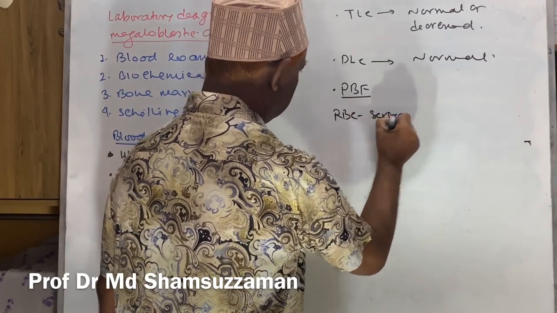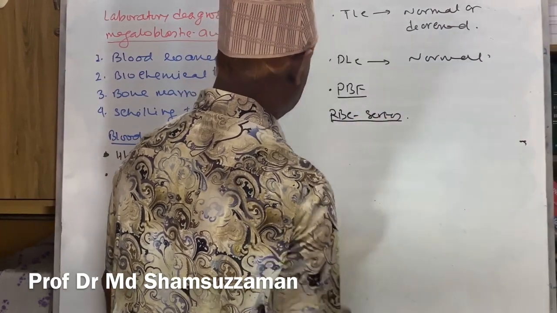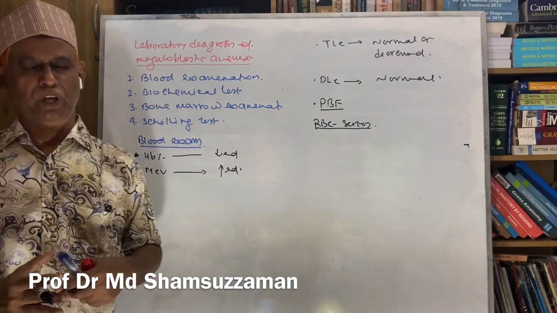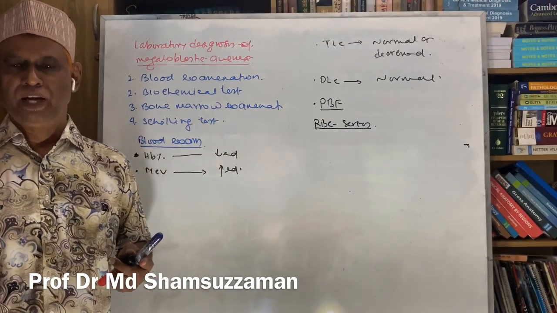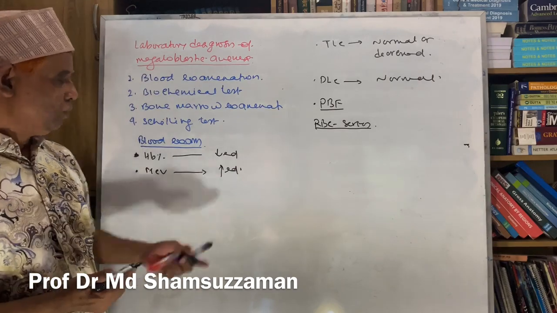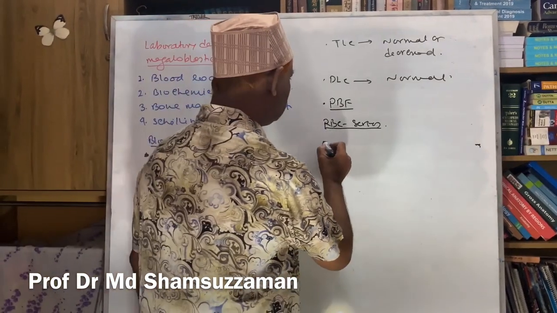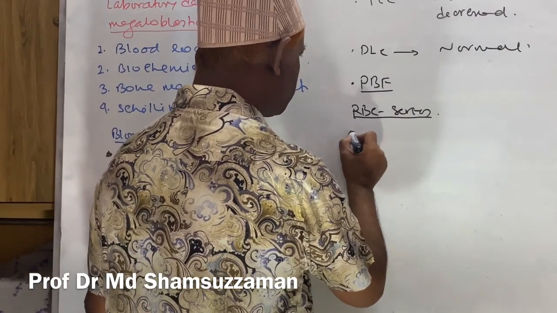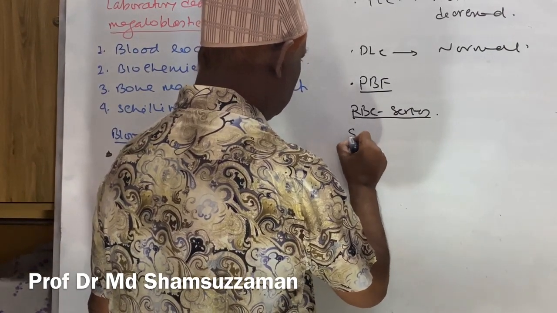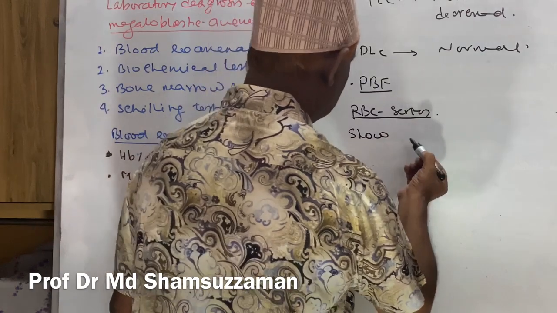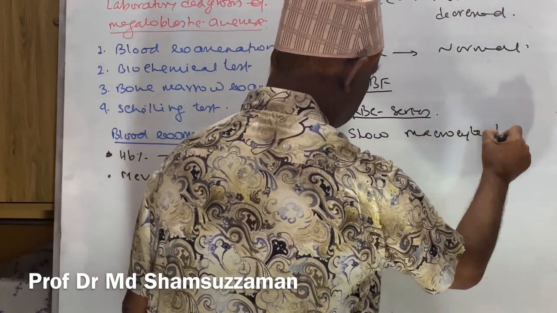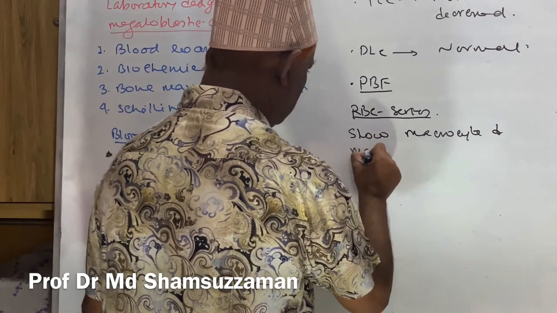In microcytic hypochromic anemia, we have microcyte, smaller size RBC. Here the RBC series shows macrocyte and macroovalocyte.